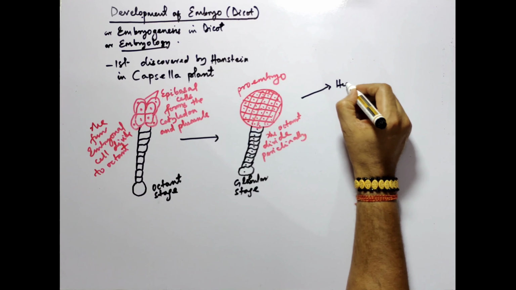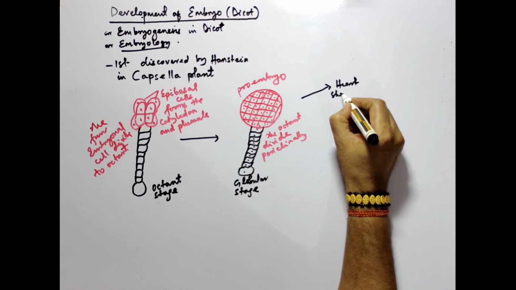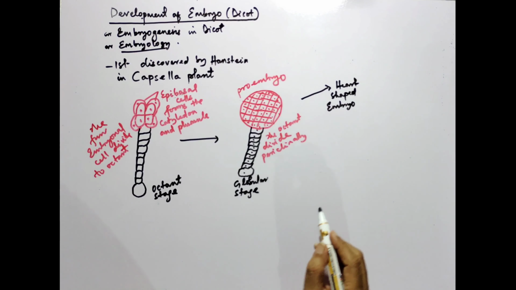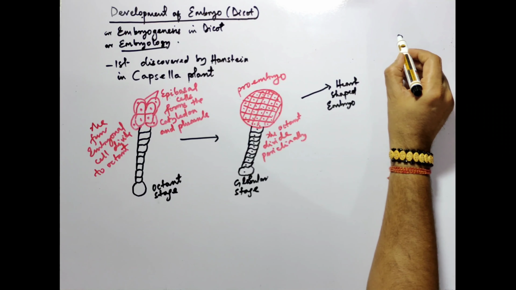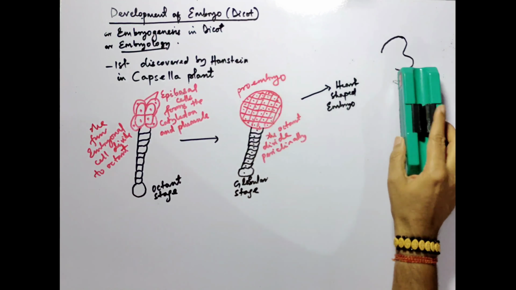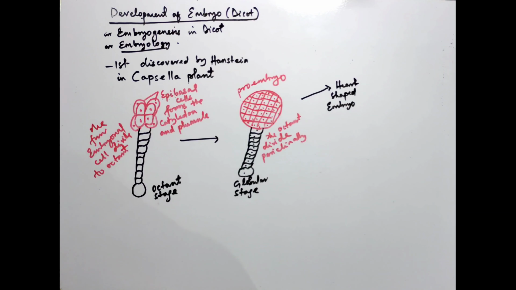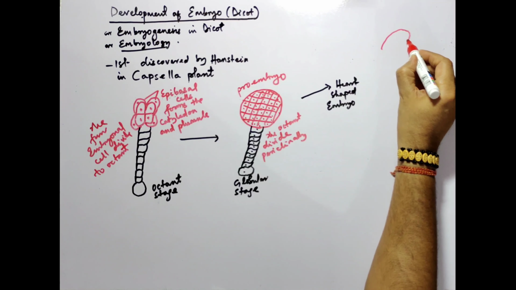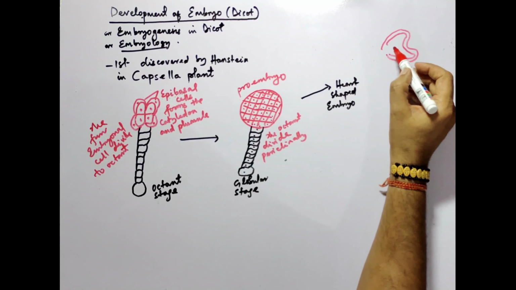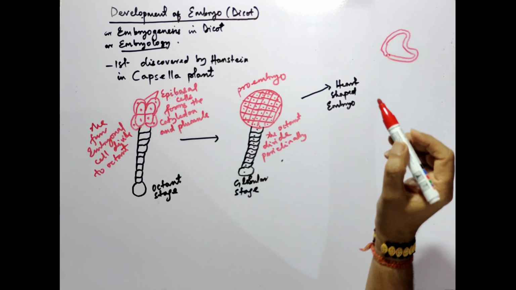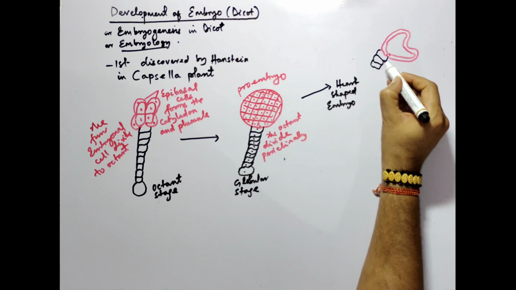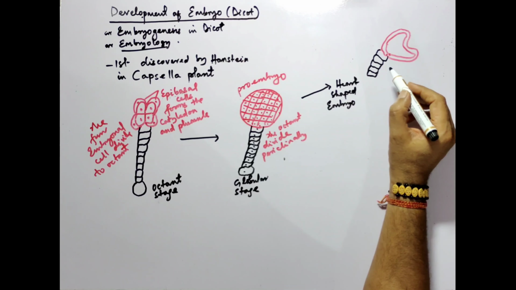Then the next step is called your heart-shaped embryo. We can see the structure. So heart-shaped structure is found.